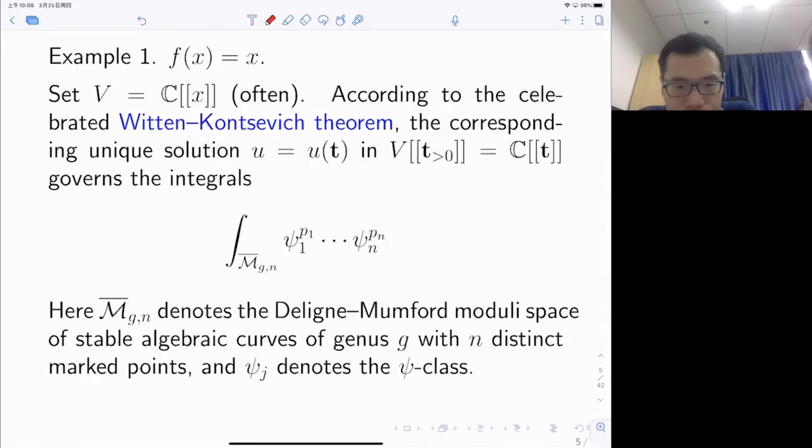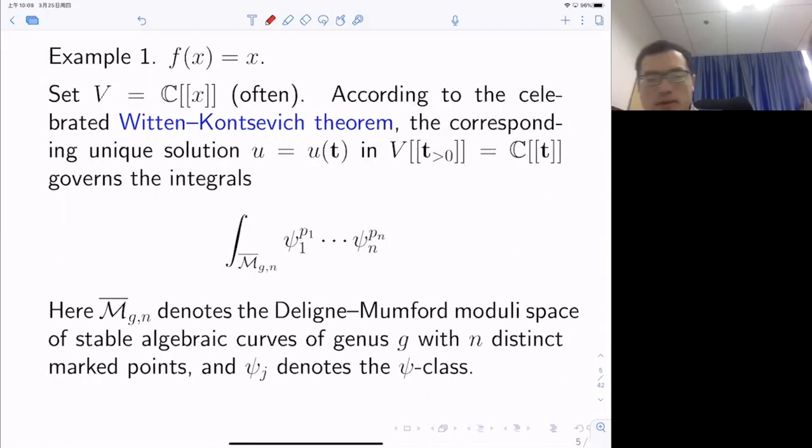It is the first Chern class of the cotangent line bundle of this moduli space, which means that on each point, which is a curve of this moduli space, the fiber is defined as the cotangent space of the curve at the jth marked point.